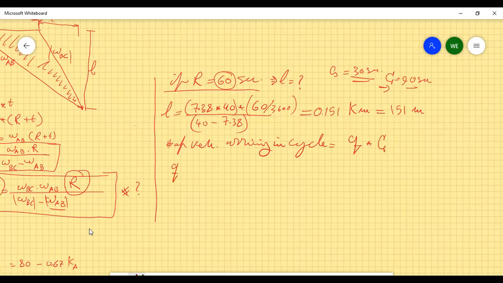So Q equal 800 vehicles per hour multiply 90 divided by 3600. How much? 20. So that's 20 vehicles per cycle. Okay, let's calculate now the stop delay.